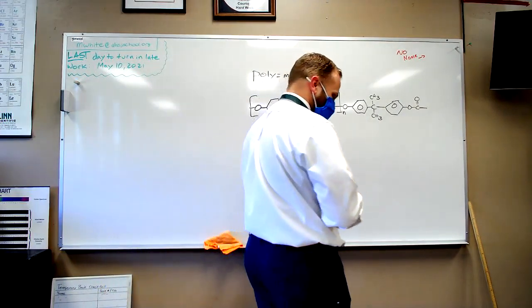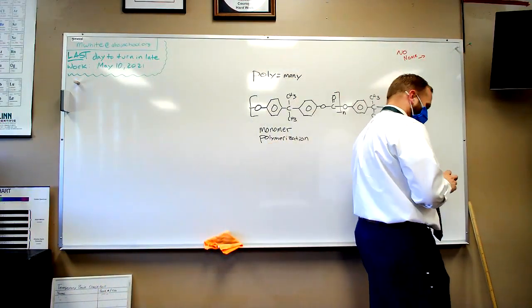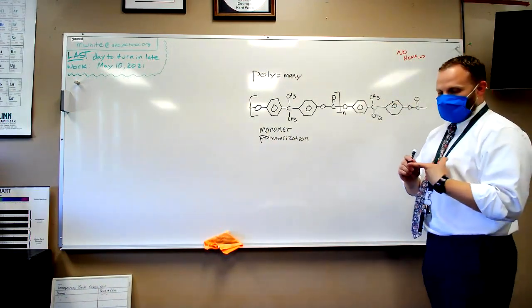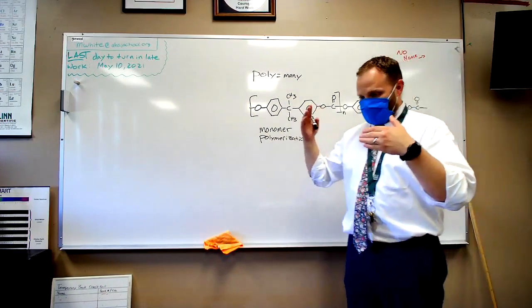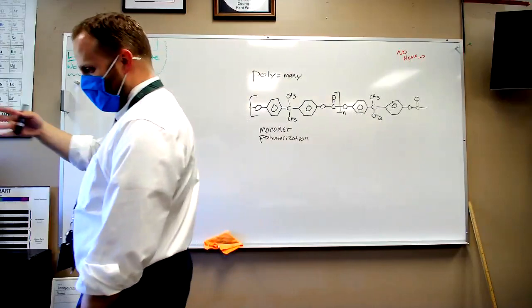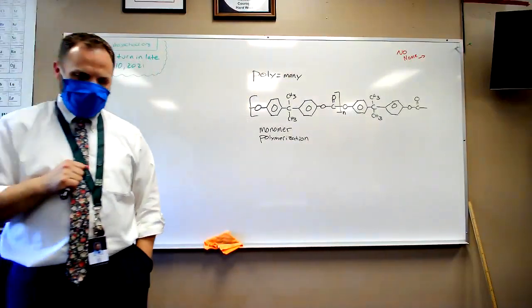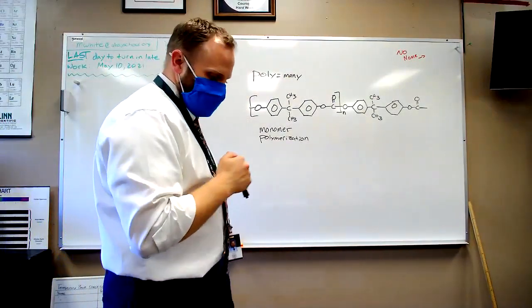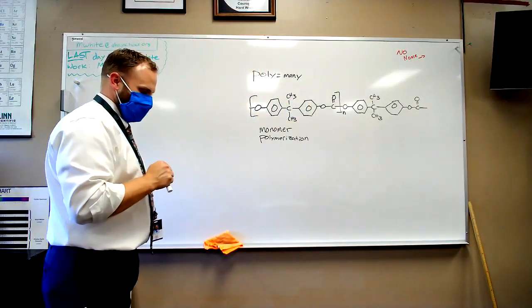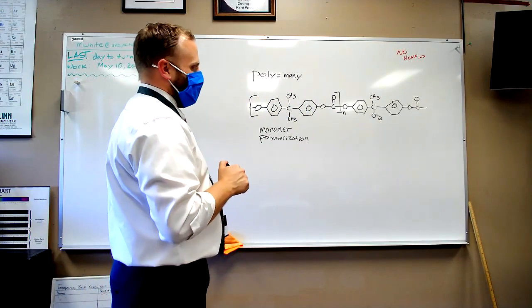There's a couple different ways that we can do polymerization. One is addition. So we just add them together and they go on their merry way. But sometimes we have something called a condensation polymerization.